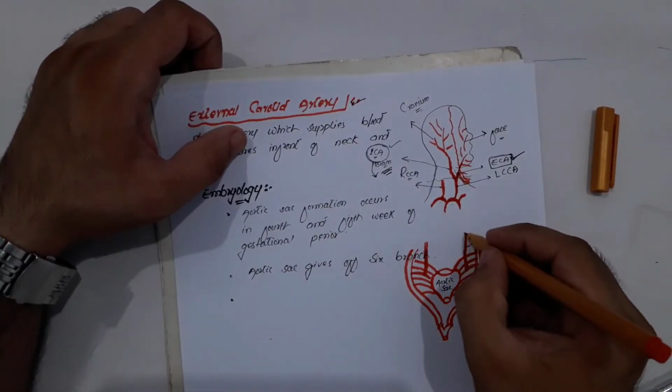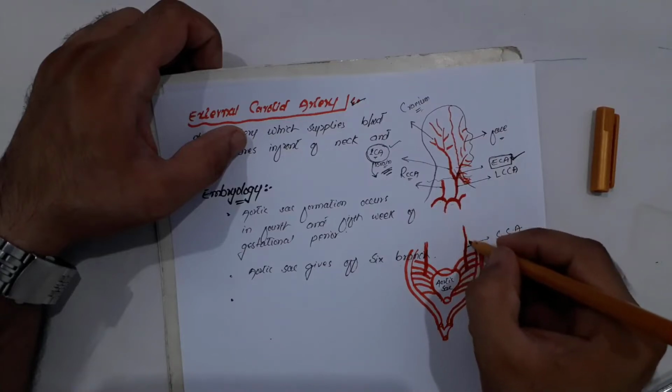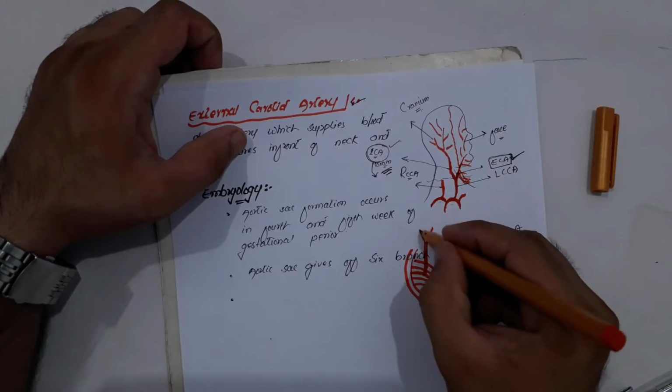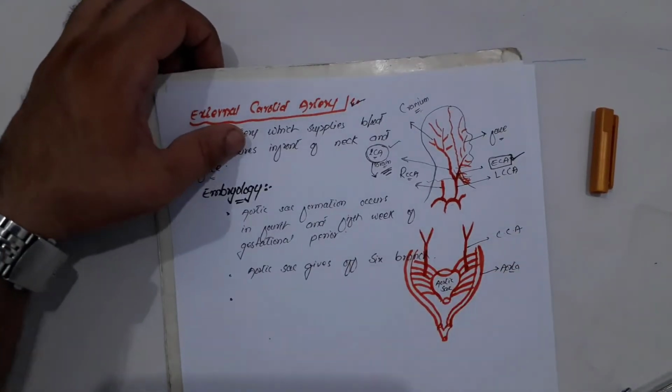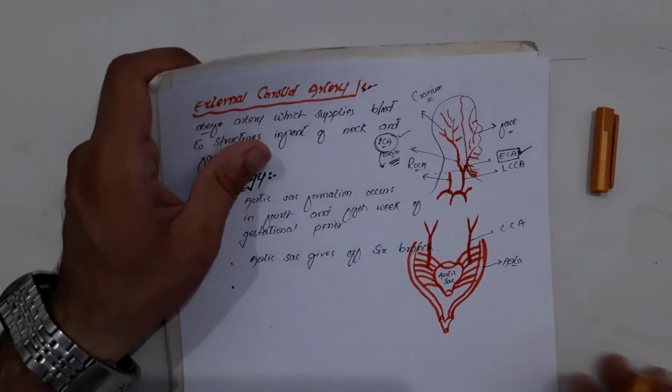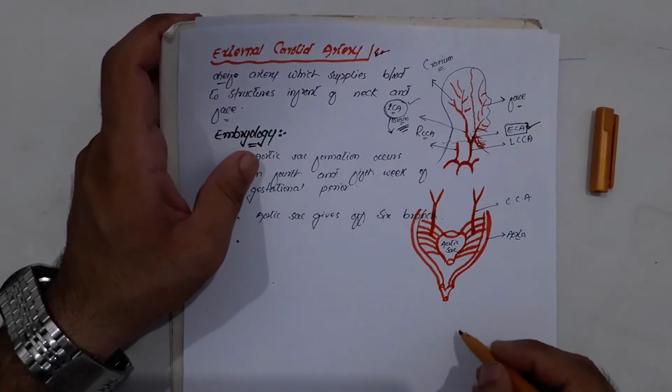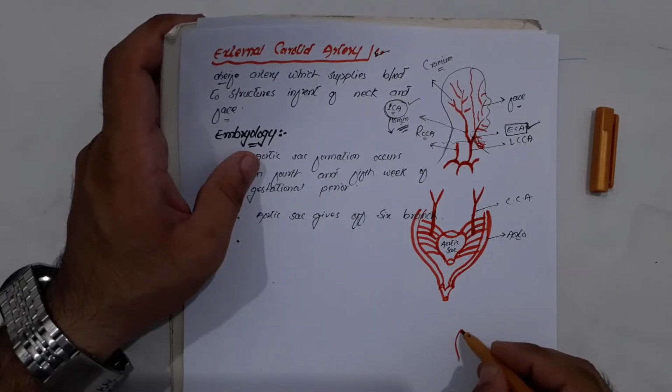Now moving further, they will divide into external and internal carotid arteries like this. Clear? So this is a very simplified diagram. If I draw this diagram from the anteroposterior view, it will be like this.